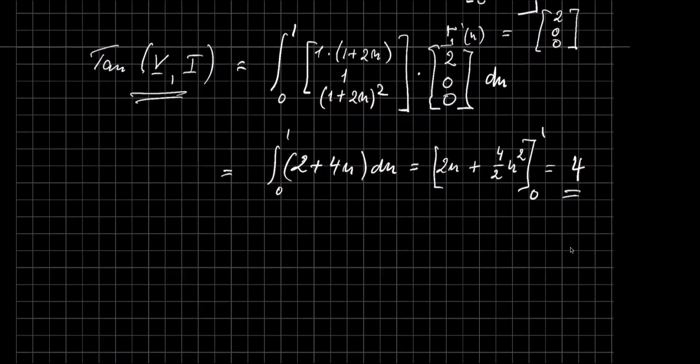And then you can finally find the circulation of your vector field along the boundary f as the tangential curve integral of v with respect to 1.